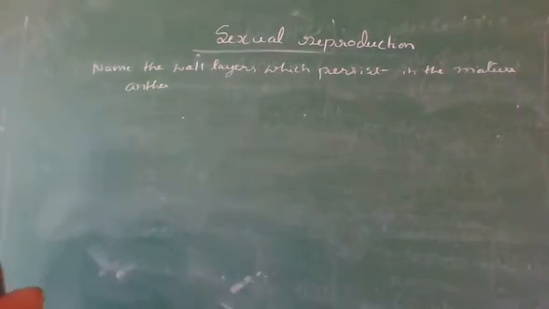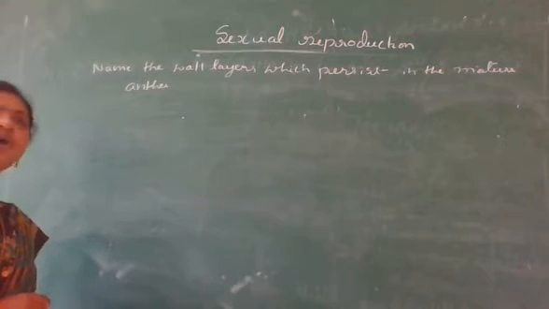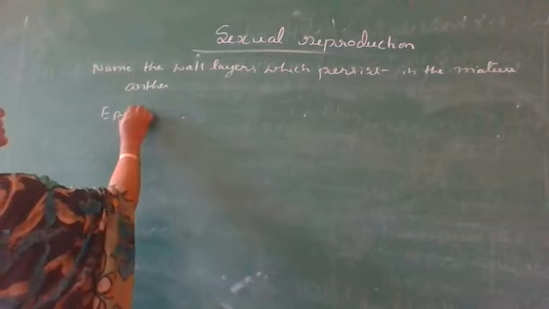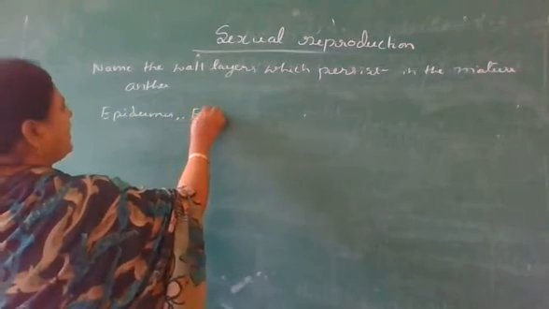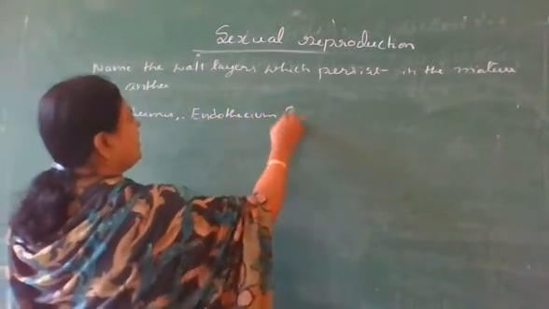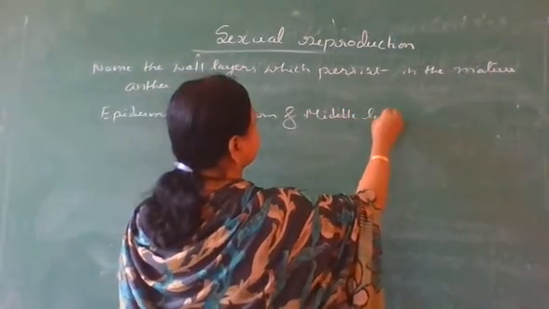As we know, tapetum usually disappears, and what remains is the epidermis, endothelium and middle layers.